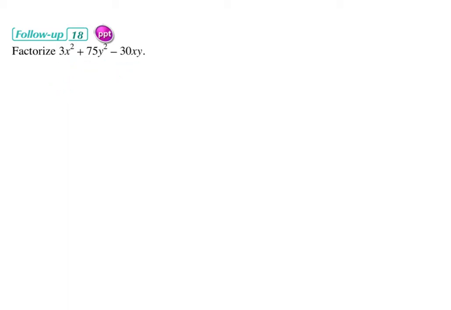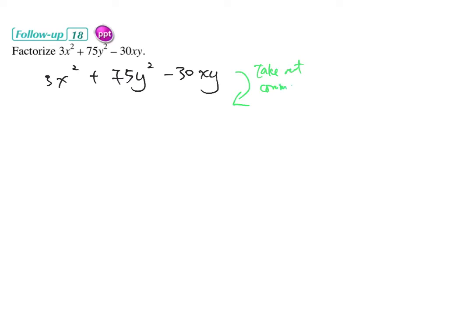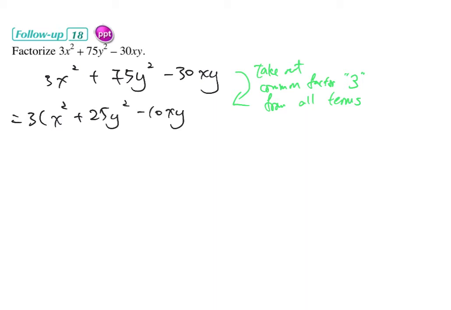We should try to take out a common factor of the question, because you can see the 3, the 75, and also the 30, they have common factor 3. So we should try to take out common factor 3 from all terms. So the answer should be 3 times x squared plus 25y squared minus 10xy, right?